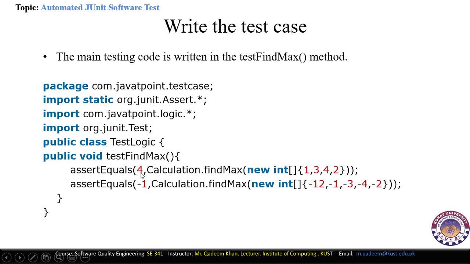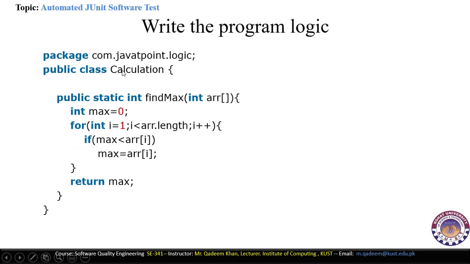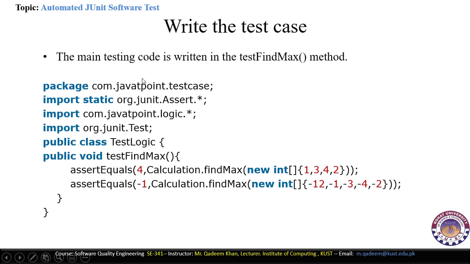The first argument should be the expected result of the test, and Calculation is a class, the object here, dot findMax. I will go back. There you can see this is the Calculation class, and from the Calculation class we need to access the function findMax.